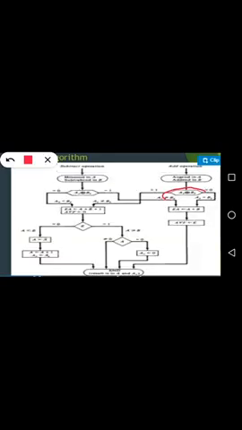See here, when AS exclusive or BS, the result is 0.